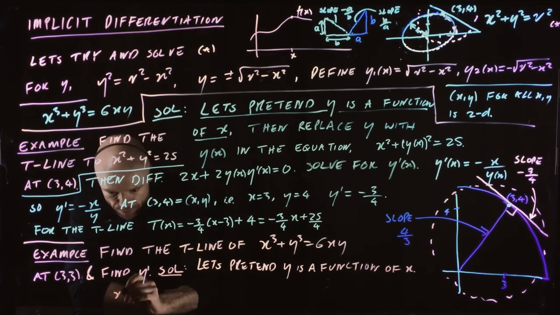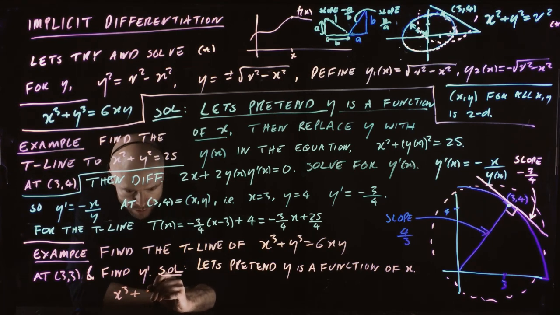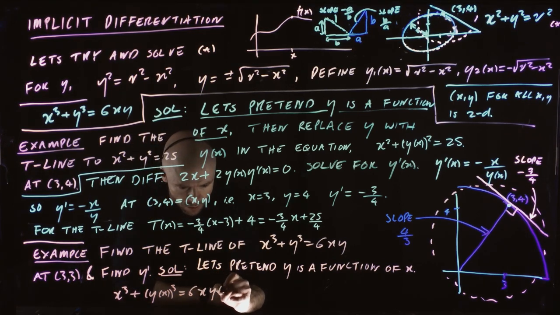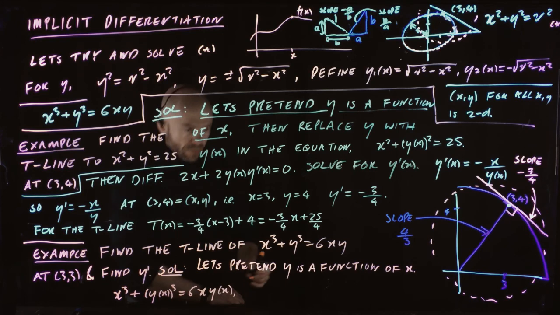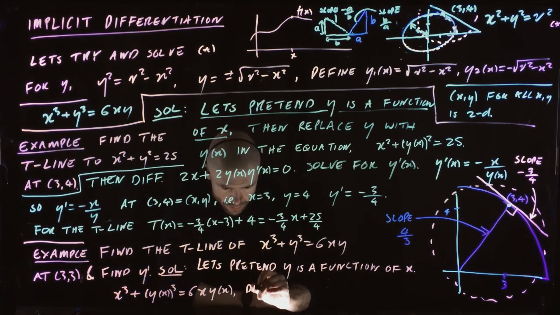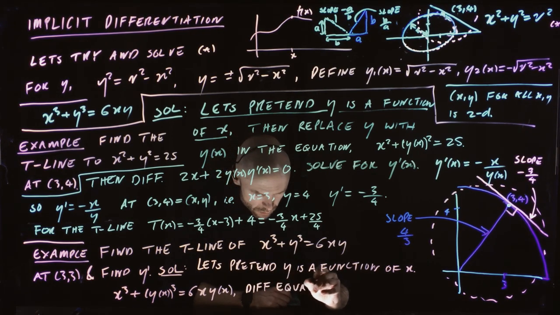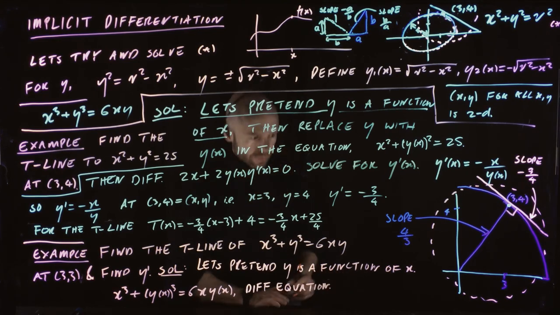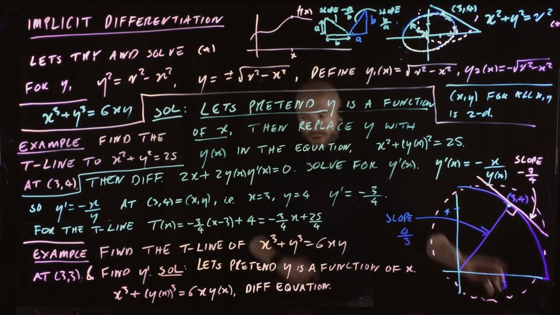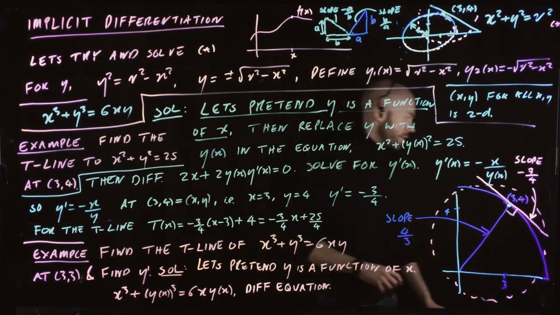So we're going to have x to the 3 plus y of x to the 3 equals 6x y of x. Now we differentiate through. If we do, looks like we are not going to have space for that. So we're going to erase the board, and then we're going to complete this question.